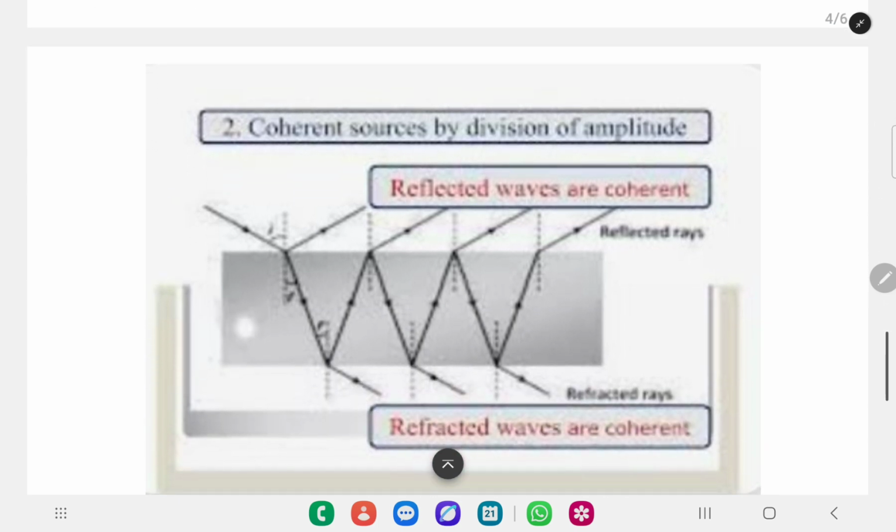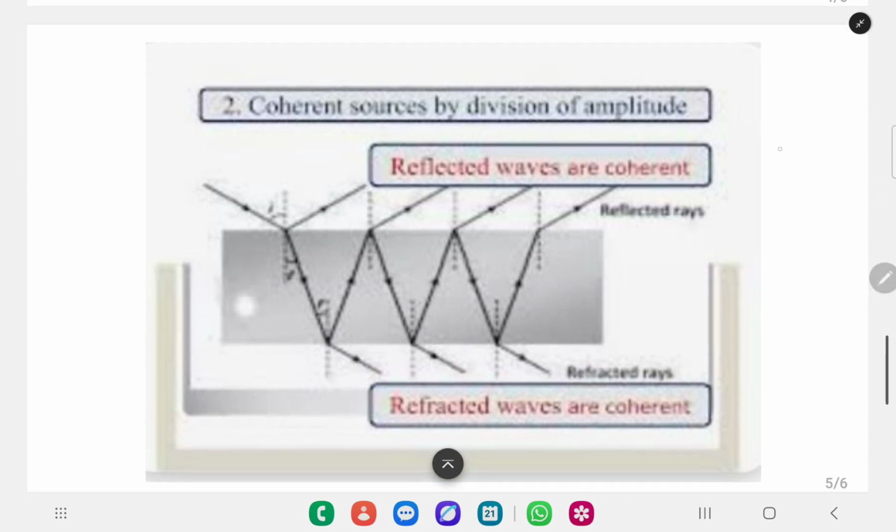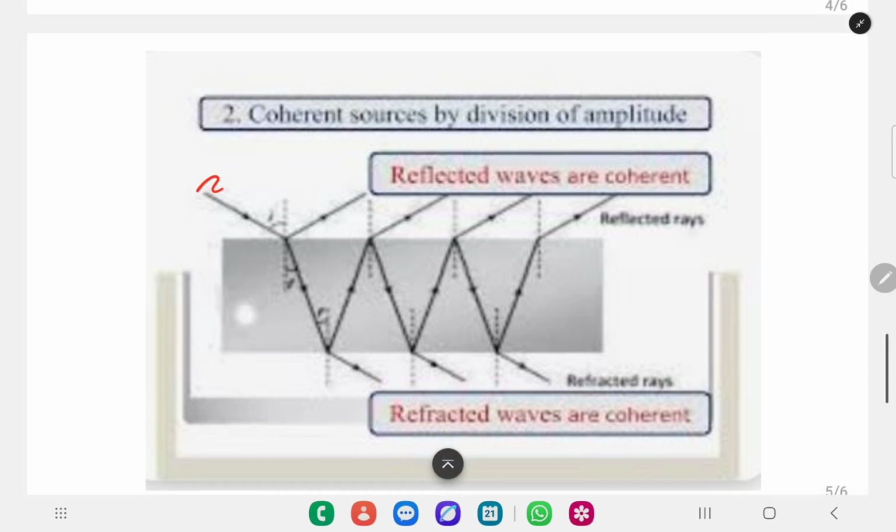So here is the diagram. The coherent sources are produced by division of amplitude. This is the incident light. Partly it is transmitting or refracting, and partly it is reflecting.